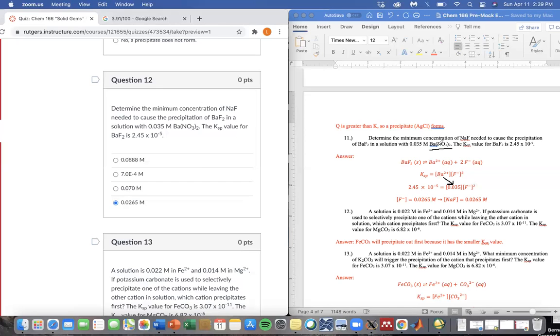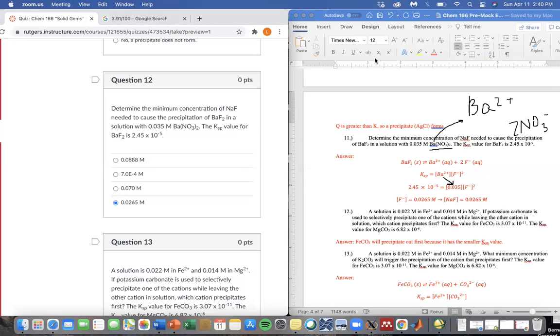Ba(NO3)2 is going to dissolve into Ba2+ and 2 NO3 minus, and there's a 1-to-1 molar ratio, because for every 1 mole of Ba(NO3)2 you're going to get 1 mole of Ba2+. So you can just plug in the concentration of this compound for the Ba2+. Does that make sense? Yeah, that makes sense.